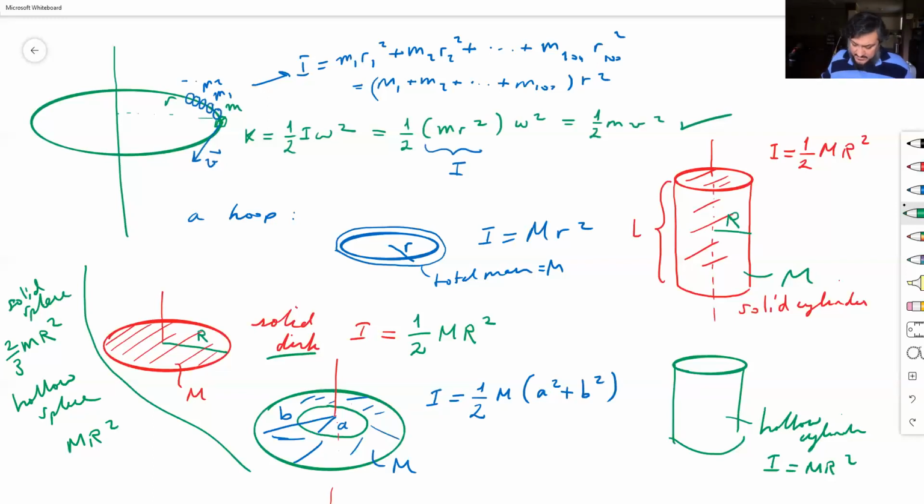That will be solid. Solid sphere. Let me double check. Two-fifths.